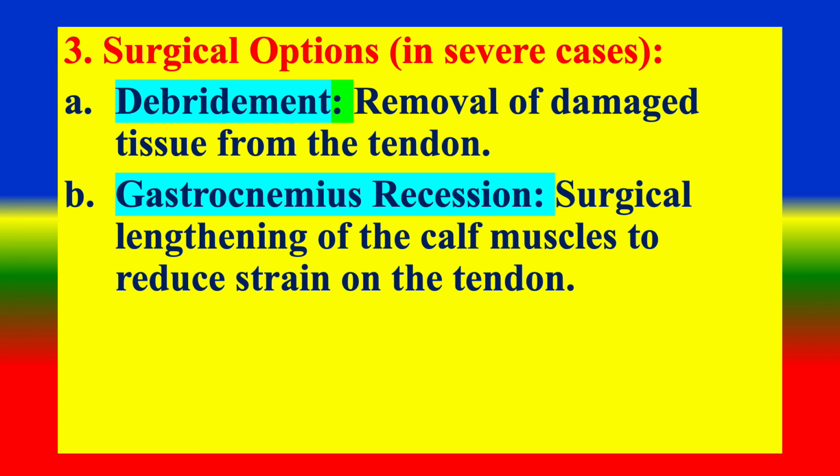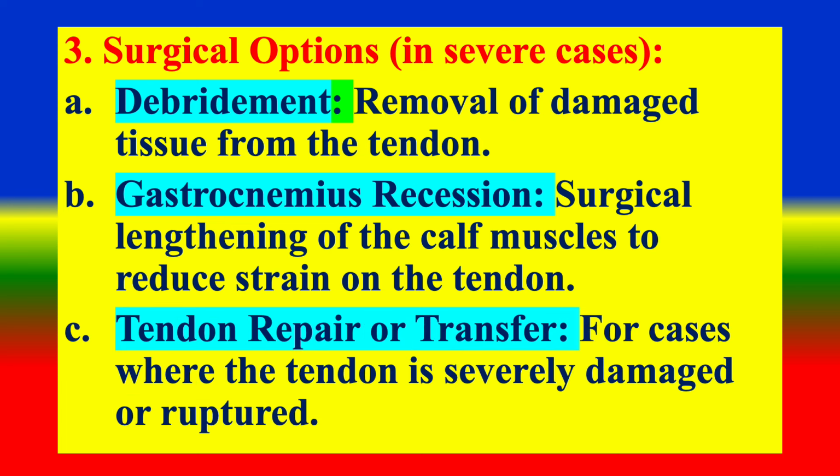B. Gastrocnemius recession, surgical lengthening of the calf muscles to reduce strain on the tendon. C. Tendon repair and or transfer for cases where the tendon is severely damaged or ruptured.